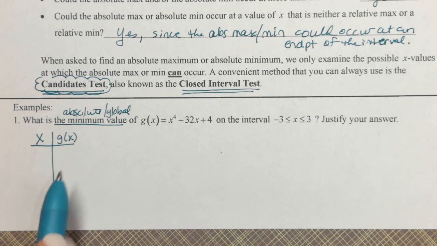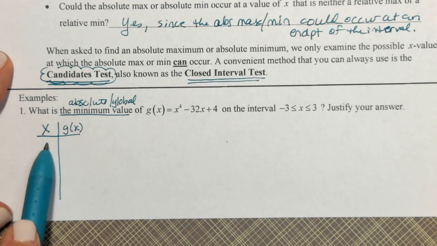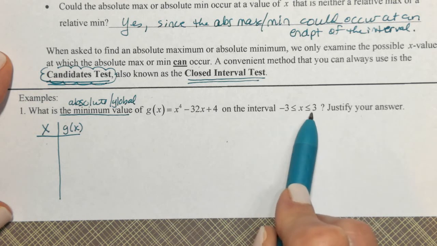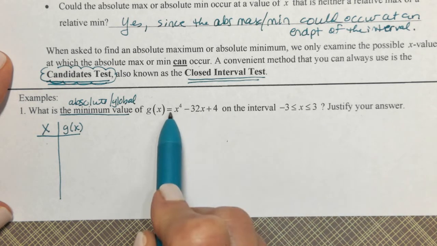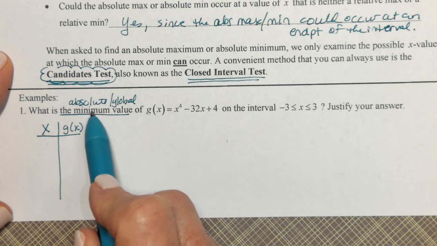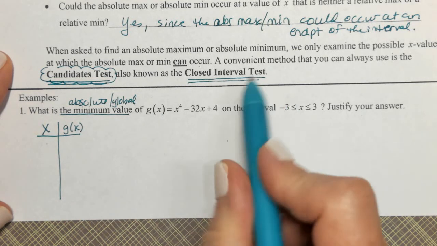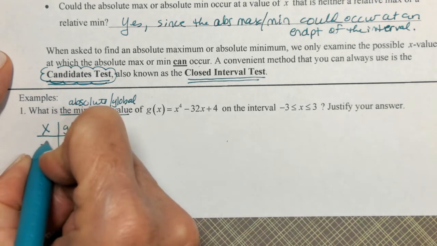Okay? All right. Our candidates for X are either a boundary or the location of a relative min of G. So I'm going to begin with my boundaries.